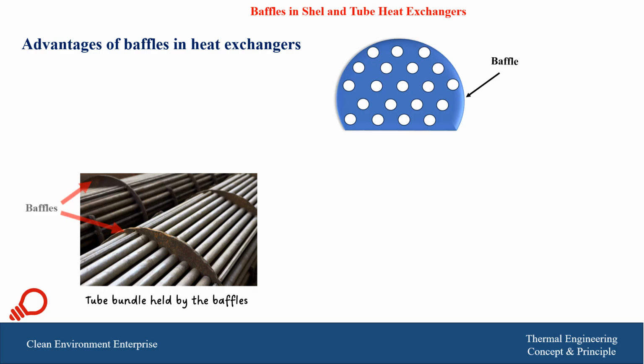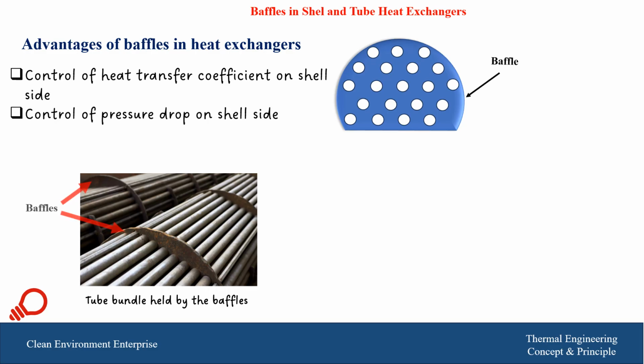And the advantages of the existence of these baffles in heat exchangers: they control the heat transfer coefficient on the shell side and control the pressure drop as well on the shell side. So these two important parameters in the design of heat exchangers can be controlled by controlling the distance between these baffles.